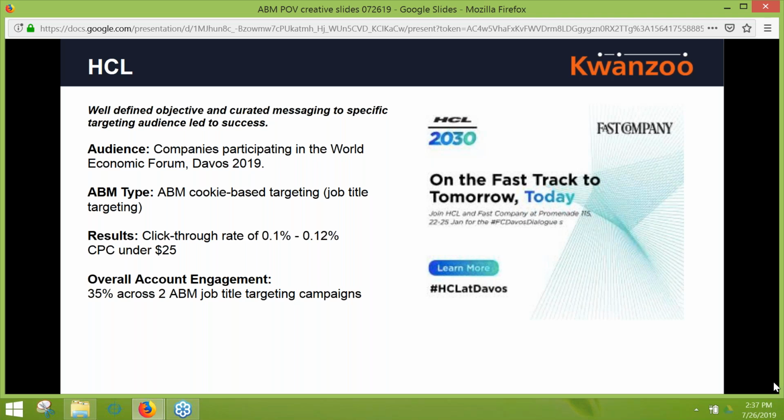This one is narrower, but with more senior leadership, and making sure there's a healthy level of awareness so that when the leadership from HCL went into this big global conference, they saw strong engagement and awareness of their brand as they were interacting and engaging with leadership from other companies.